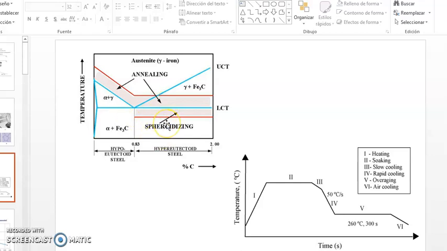If you cool much faster, it's common to obtain martensite. Martensite is the most common structure when you quench the steel.